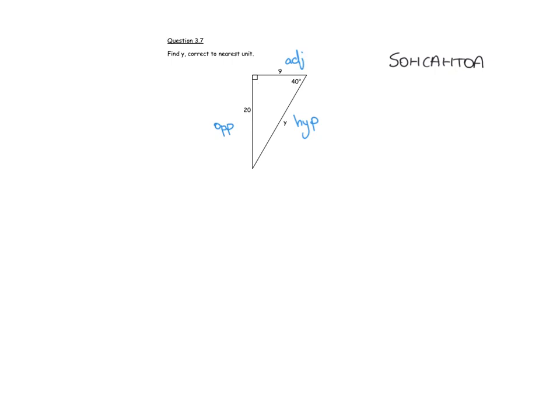Now the next thing we have to do is highlight what we want, and we have y here. We need to figure out what y is, so we have to use that, but we also have the opposite, and we have the adjacent. So we're quite lucky that we just have to pick one that has an h in it. We can pick either sine, because that has the hypotenuse in it, or cos, because that also has the hypotenuse in it.